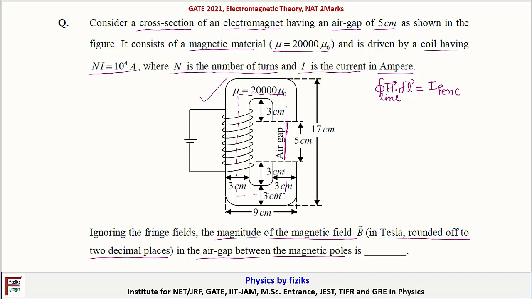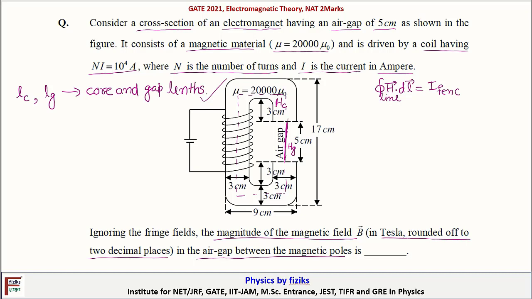So this is the air gap region. If we write this equation, let us see: the field in the core region is represented by Hc, and in the gap region by Hg, and let's take Lc and Lg as the core and gap lengths.